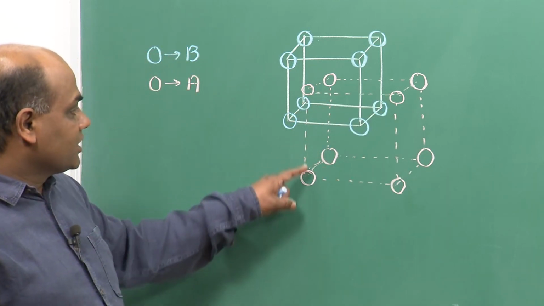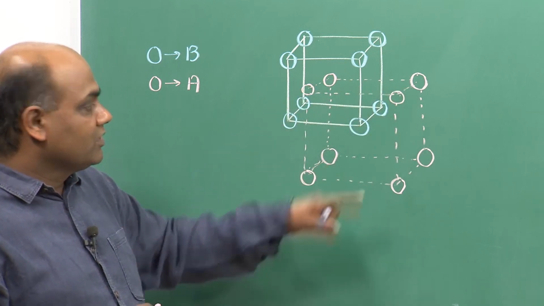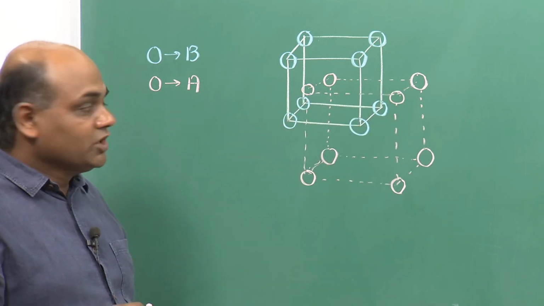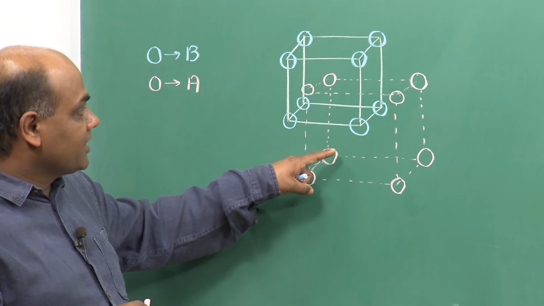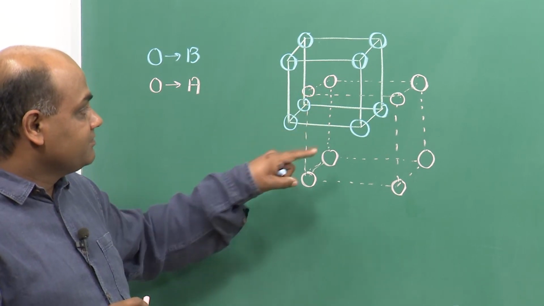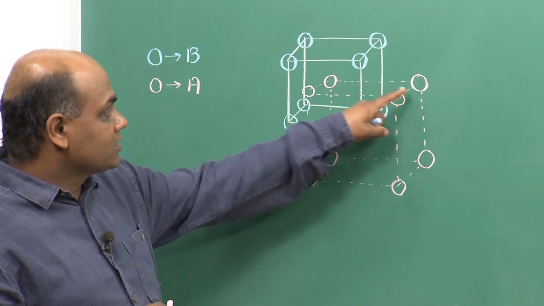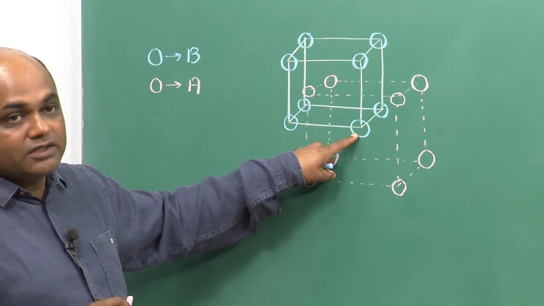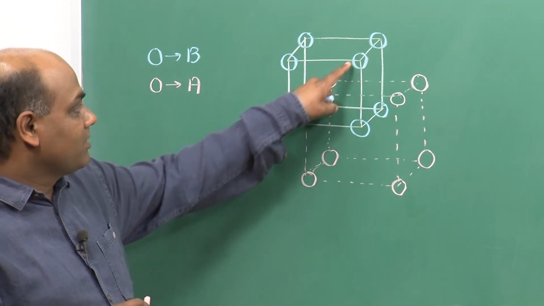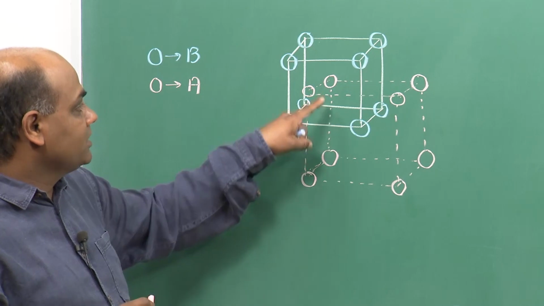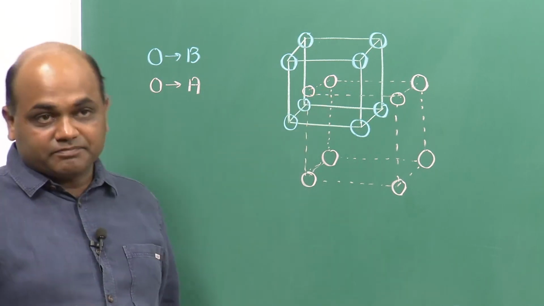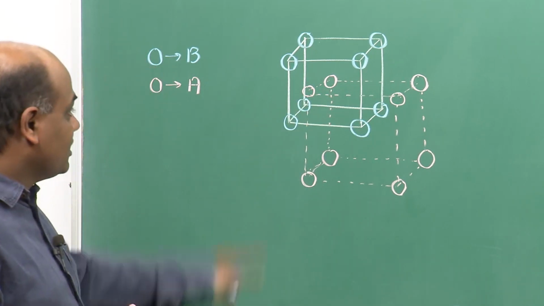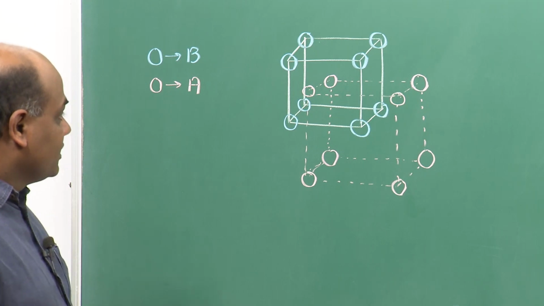So, this is another sublattice of type A atoms. So, you can see two interpenetrating simple cubic sublattices, and the sublattice of A at the body center of it you have a B atom, sublattice of B at the body center of which you have an A atom. So, this is the B2 type of structure.